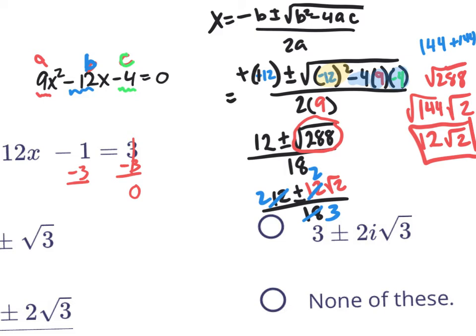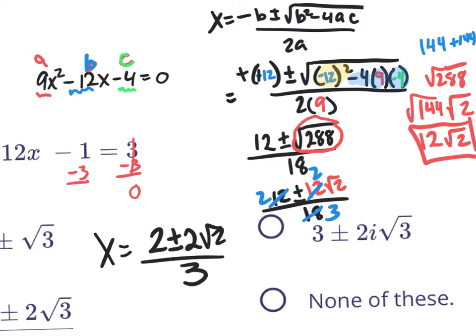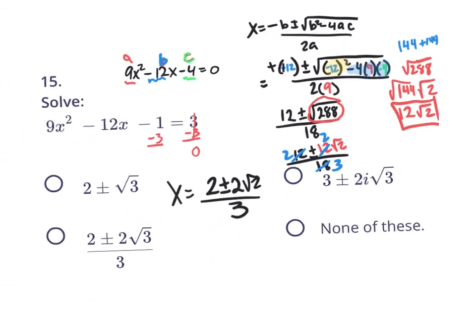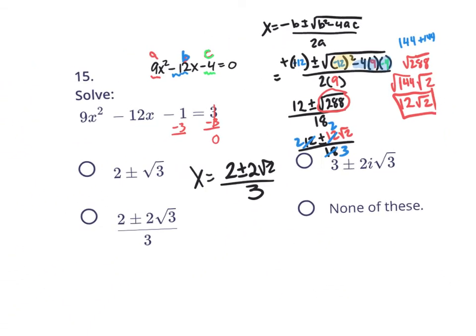So our new and final answer is x equals 2 plus or minus 2 square root of 2 all over 3. And that's using the quadratic formula. And as you could see, that is this answer right here. I hope that helps. Let's do another.